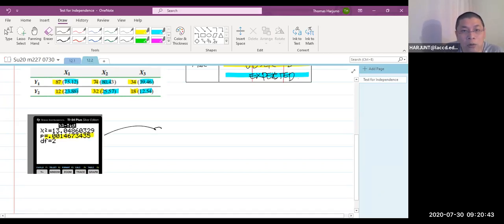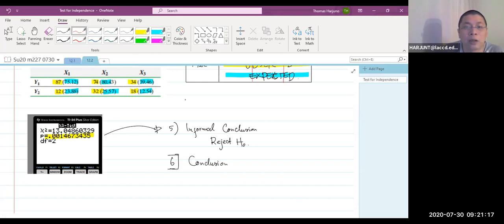Then later on, in step 5, informal conclusion, we will reject the null hypothesis.